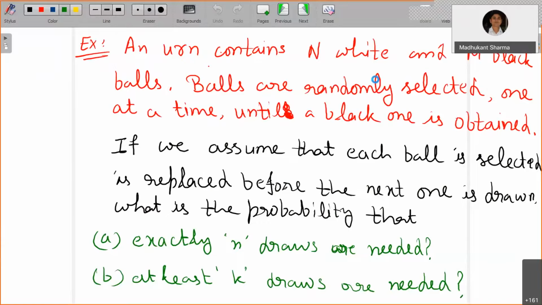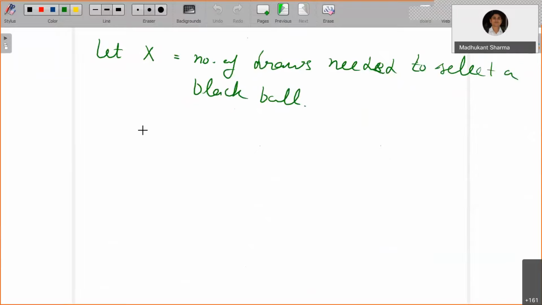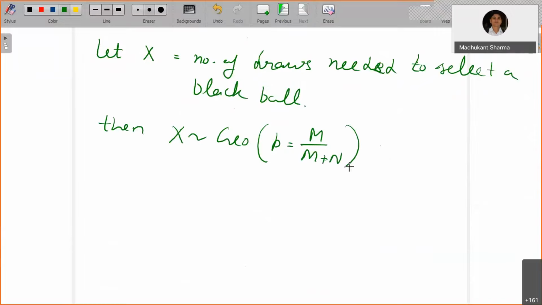Therefore, I can straightforwardly write that x follows a geometric distribution with parameter p equals m divided by m plus n. If you get the white ball, then you have n divided by m plus n.